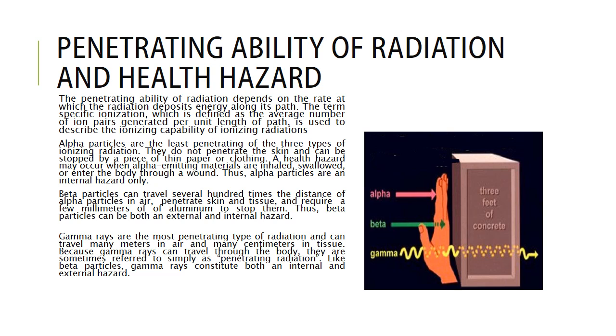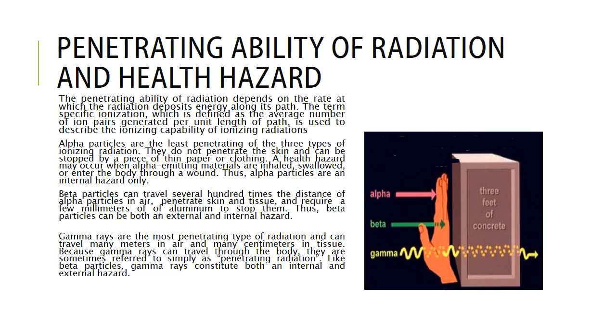So remember, alpha particles are going to have the highest amount of energy, but since they travel the smallest distance, they're going to be the least penetrating of the basic types of ionizing radiation. Remember, they don't penetrate the skin, and they can be stopped by that thin piece of paper or clothing.